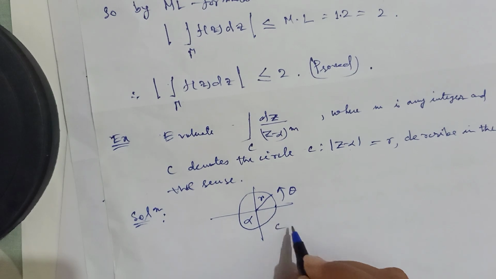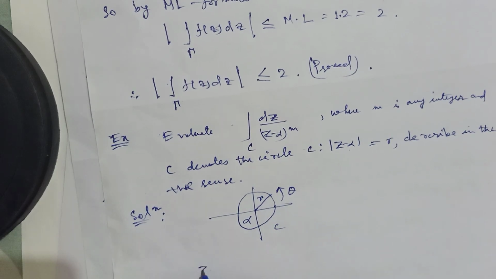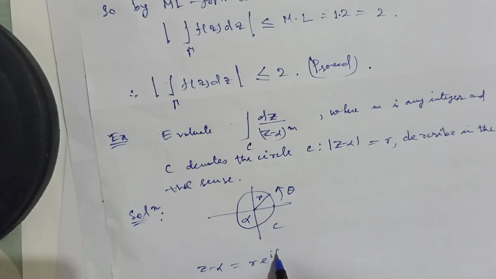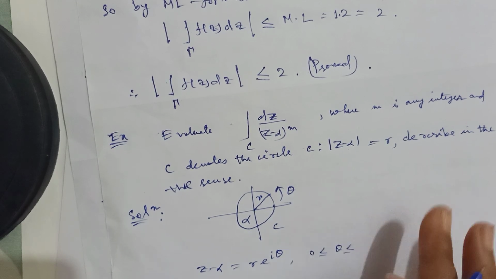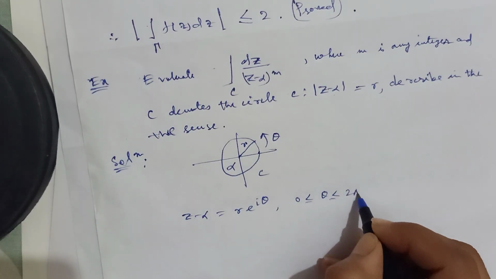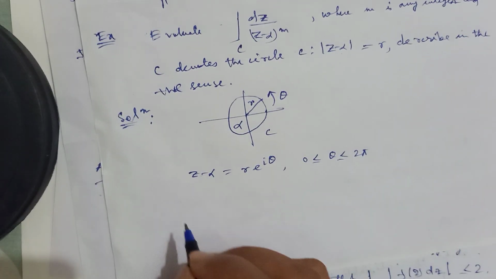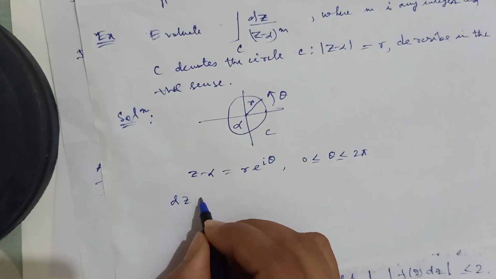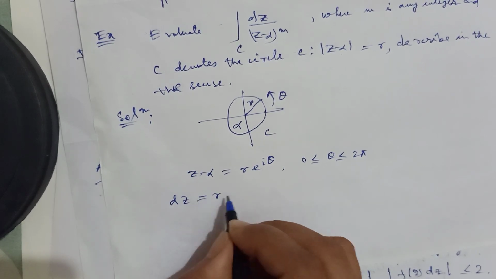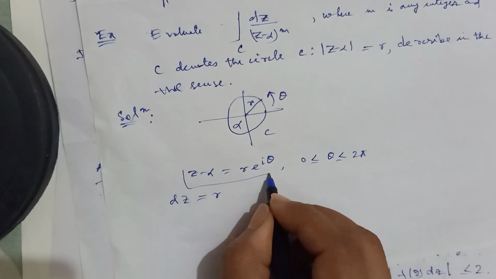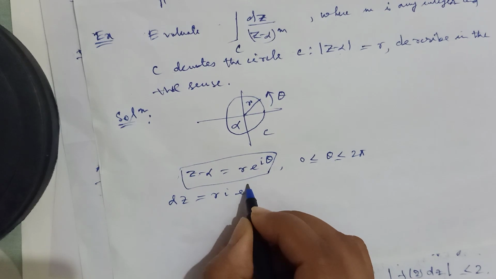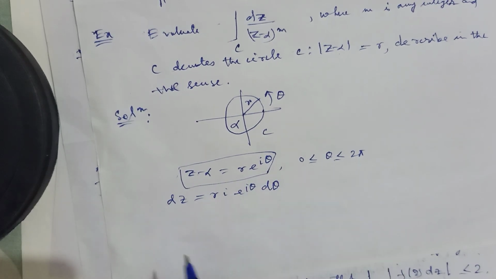So z minus alpha equals r into e to the power i theta, where 0 is less than or equal to theta less than or equal to 2 pi. Clear? So from here we can easily get dz equals r i e to the power i theta d theta.